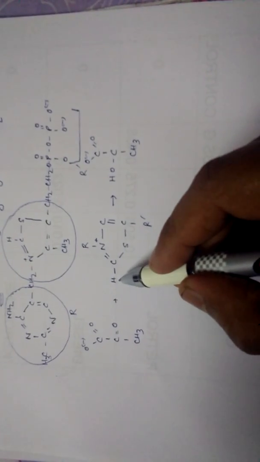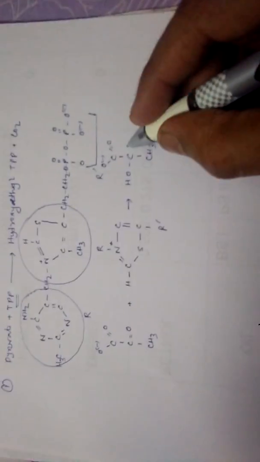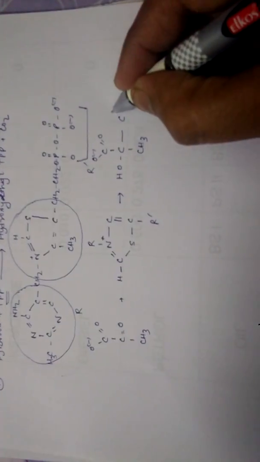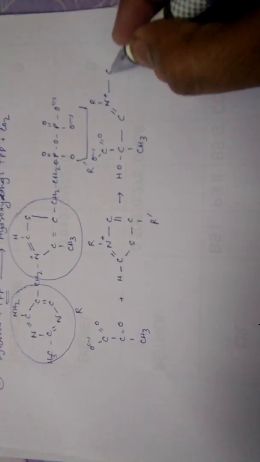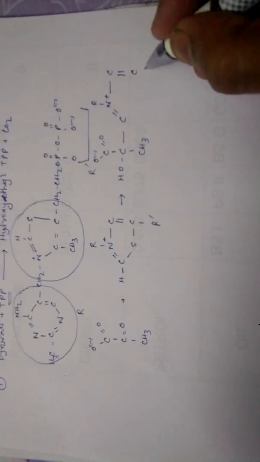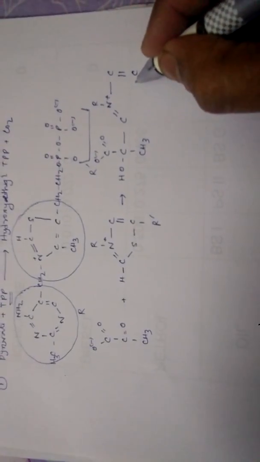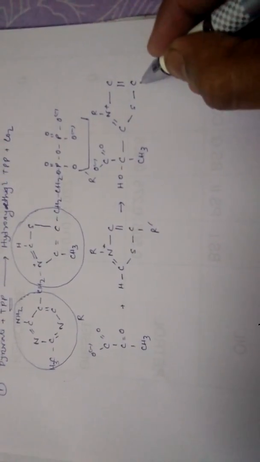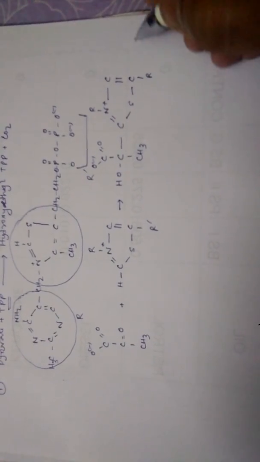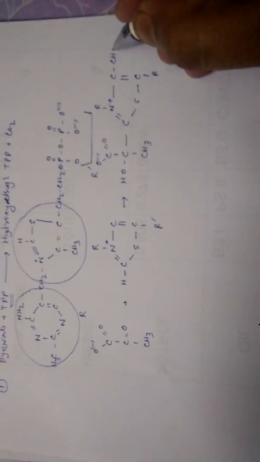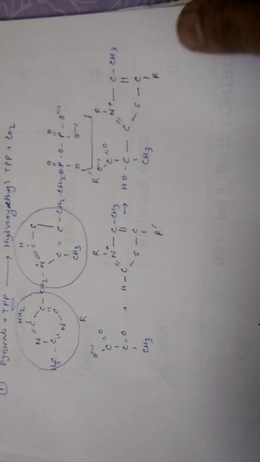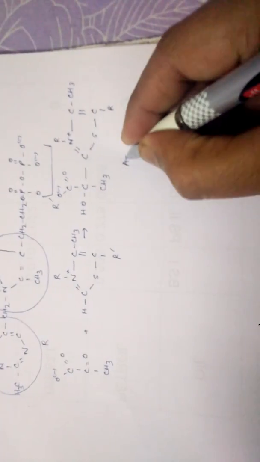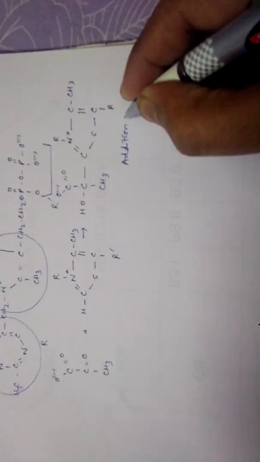So by accepting this hydrogen, there will be a bond between C and C. So this is the C-C bond, and in the remaining portion there will be a CH3 group. So this is known as the addition compound.